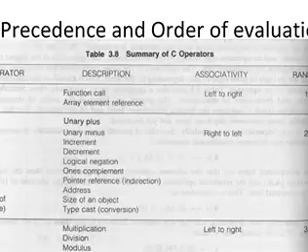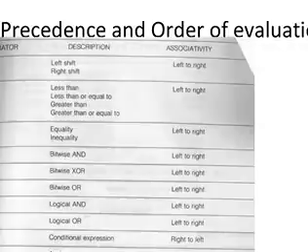First priority, second priority, third priority, like that. Here also same, precedence and order of evaluation: left shift and right shift, less than or equal, greater than or equal to. Here we can see them in the relational operators.